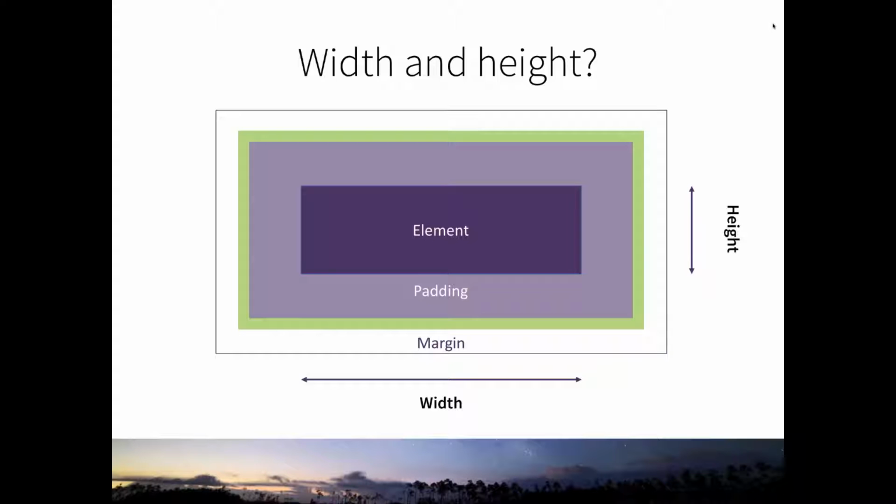If I take a text element, and in my CSS I specify that the element should be 2 centimeters high and 5 centimeters wide, then the width and the height is used to set the size of the element itself. So the text line itself will be 2 centimeters by 5 centimeters as indicated by those arrows. But that will not include the padding, the border, and the margin that you have around that element.